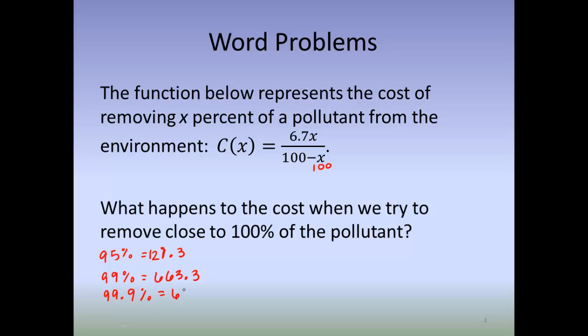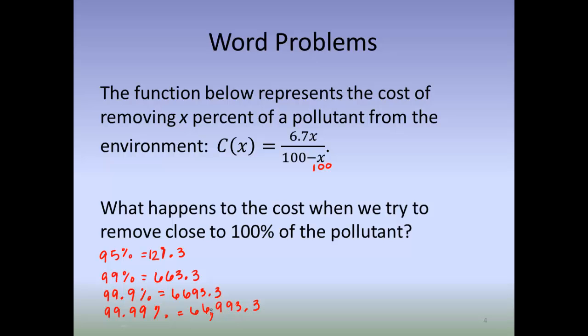I got 6,693.3. What if we had 99.99% and we tried to remove that much of the pollutant? We're getting closer to 100%. I get 66,993.3. So what seems to be happening here?